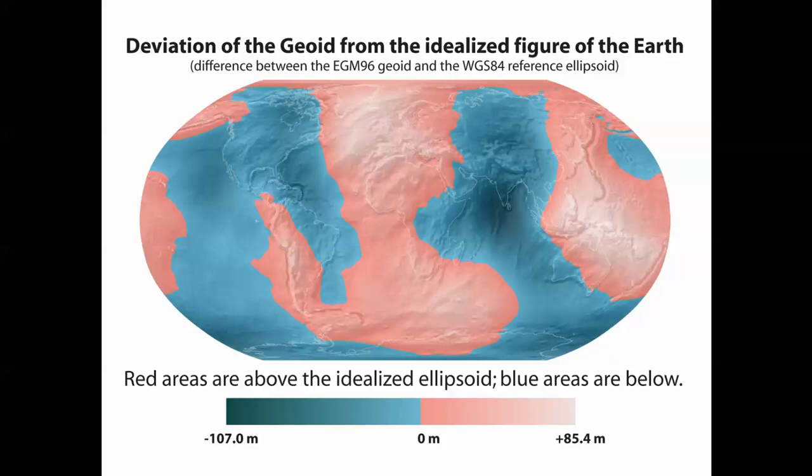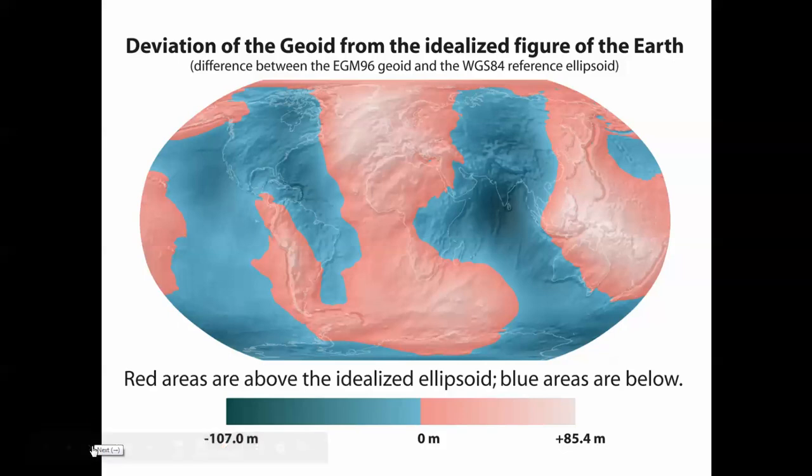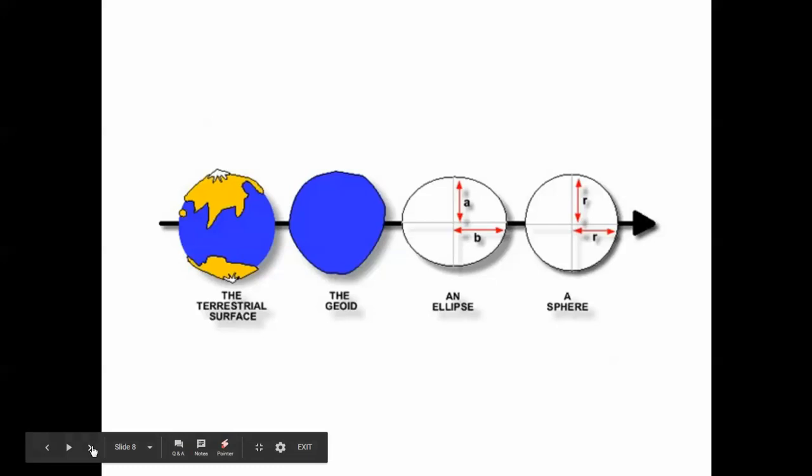So we'll see that, in fact, the mass of the Earth influences this irregular shape, and we'll see this later on when we talk about vertical measurement. All right, but for right now, the geoid is more complex than the reference ellipsoid. So we can think about the terrestrial surface, and then, if you will, this water approximation, mean sea level, if it was allowed to flow through land.